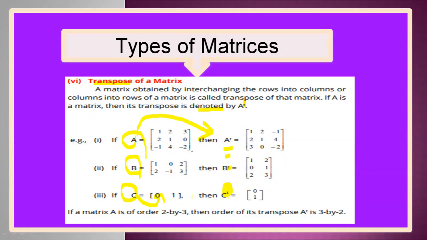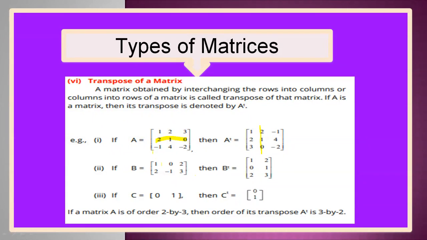How can we make or convert it? A very interesting part. How do you obtain this? By interchanging the rows into columns, or you can say columns into rows. You know, I'm writing 1 2 3, those numbers given to me in the row, I'm showing here in the column. Those numbers in row 2, I am writing in column 2.